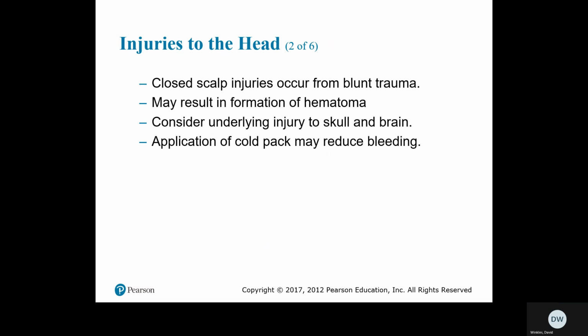So you have injuries to the head. You can have your closed scalp injuries that occur from blunt trauma, a trip, a fall, an assault, whatever. Anytime you have that blunt trauma, you get those closed scalp injuries. You may even get an open scalp injury as a result of some of these. This is where you're going to have that hematoma, that big old goose egg on the head.